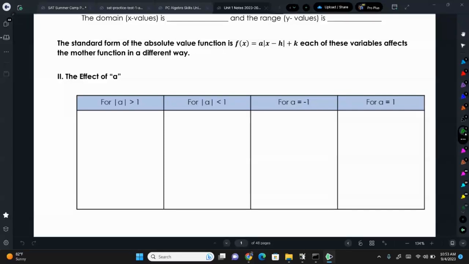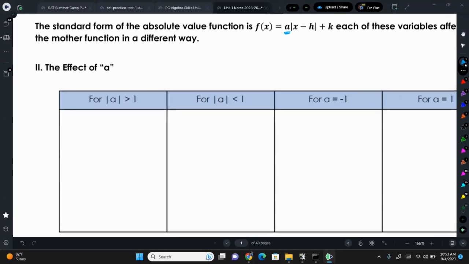Right, so the first thing we're going to do is explore what the a value does. The a value is in front of the absolute value bars. And if the actual numeral is bigger than 1, so even if it's -3, that number in front is 3, the numeral is a 3.